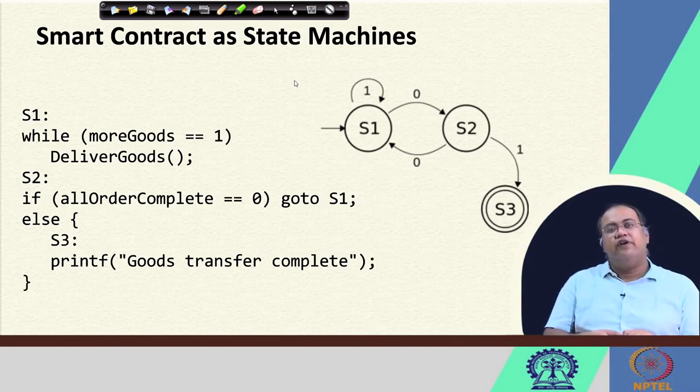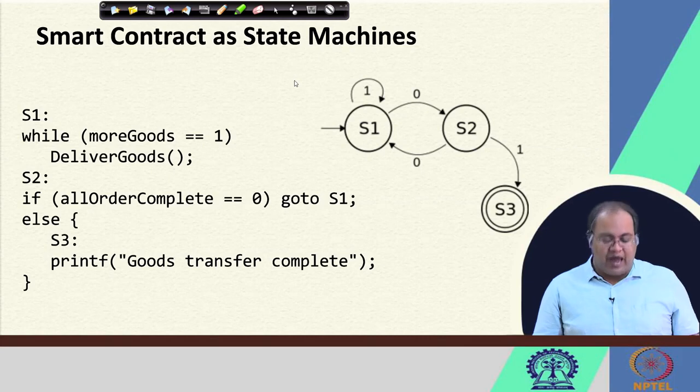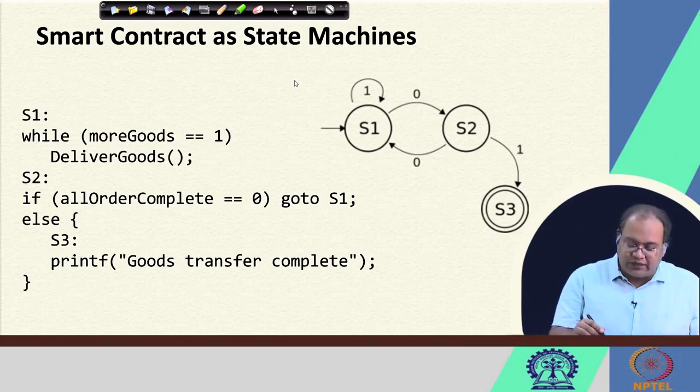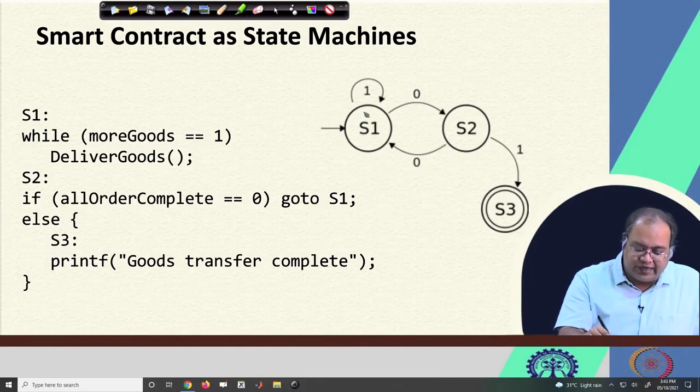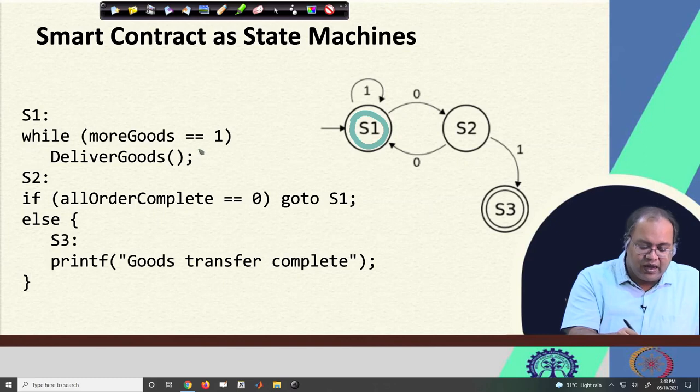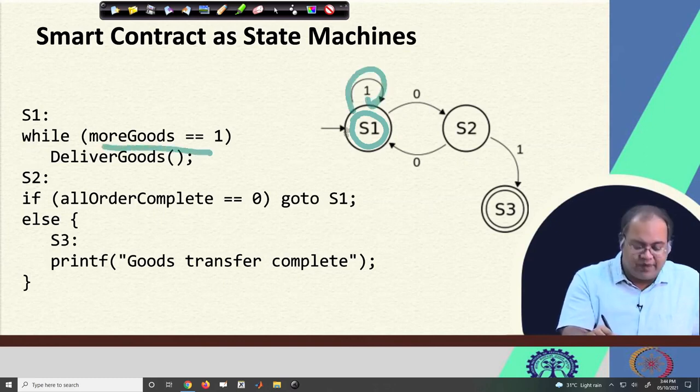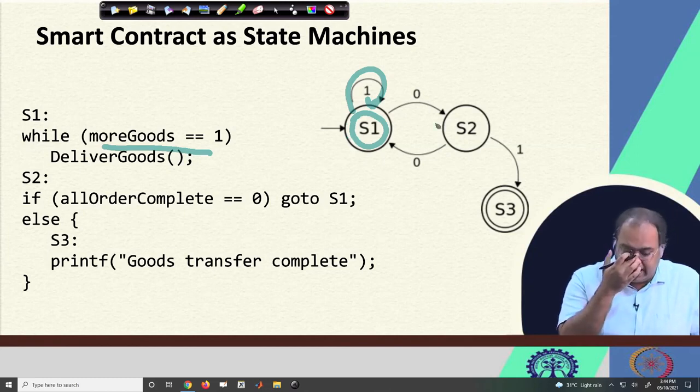So, this is the kind of state transition diagram that we have. If you try to match with this diagram, you can see that here I have state 1, which is the initial state. At this initial state I am checking whether I have more goods. If I have more goods, I will remain in this state, otherwise I will deliver the goods, when the state will become 0.